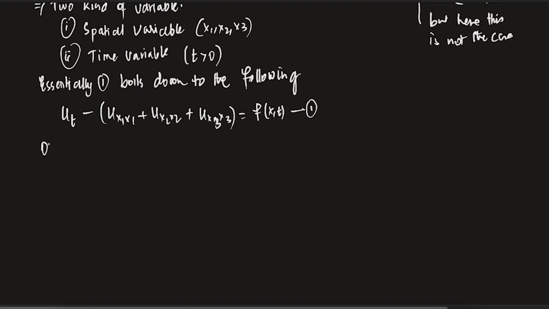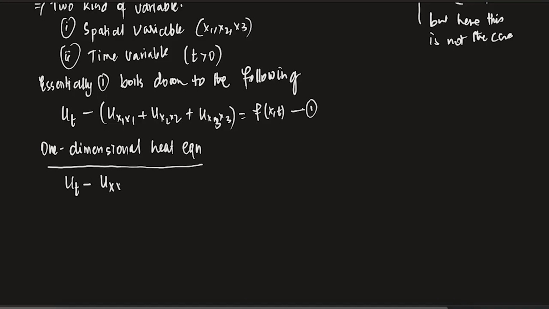One dimensional heat equation basically means that the dimension x varies in R. So x is one dimension, and that will look like u_t minus u_xx equals 0.